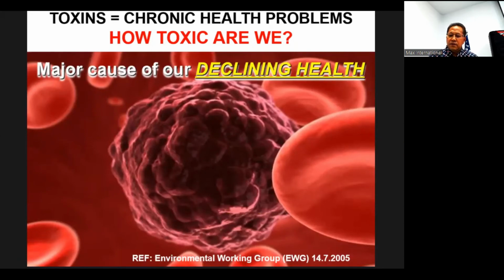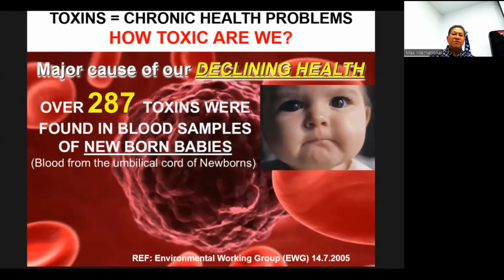We go to the source, meaning we look at when we were born, right? This was a study reported 17 years ago in the USA, where they took blood from 10 newborn babies, and between the 10 newborn babies, they discovered there were 287 different types of toxins in the cord blood from the umbilical cord.